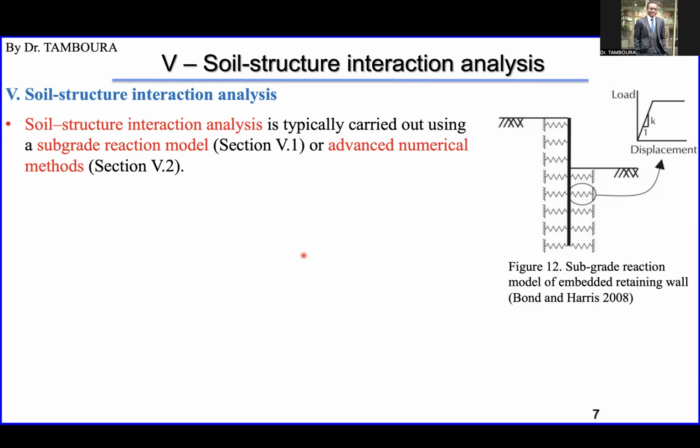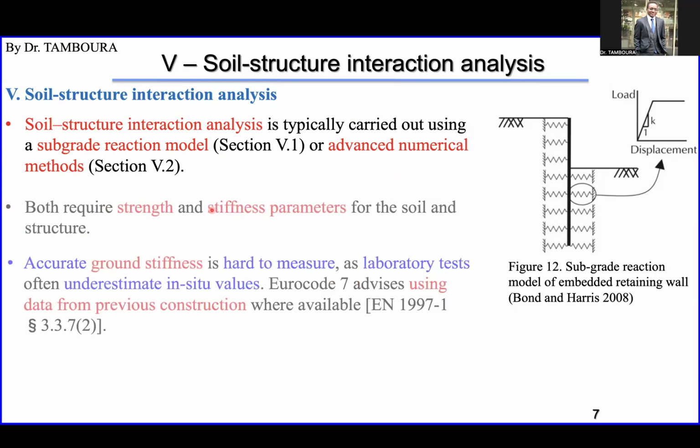First option is the subgrade reaction model, and the second option is the numerical method. For both of them, you need strength and stiffness parameters of the soil and of the structure. That's why I said before, if you need to do soil structure analysis, you need a lot of input. You need a lot of details.